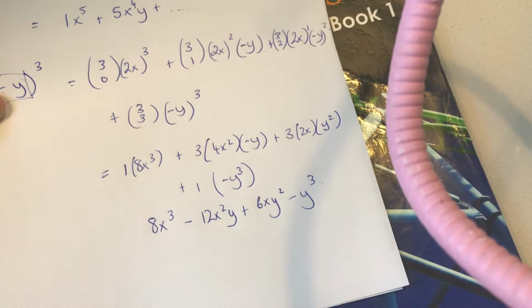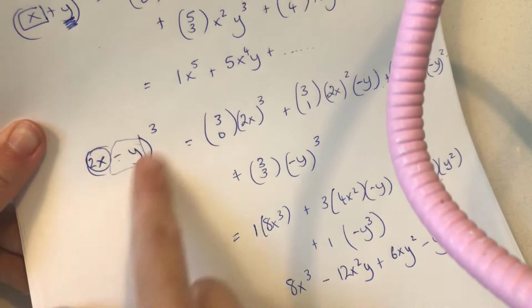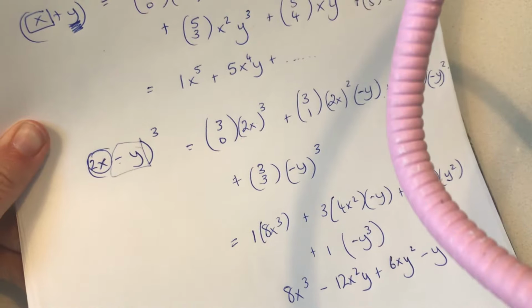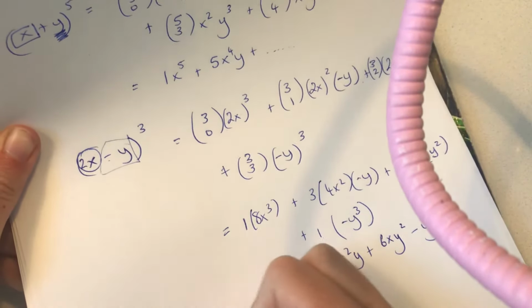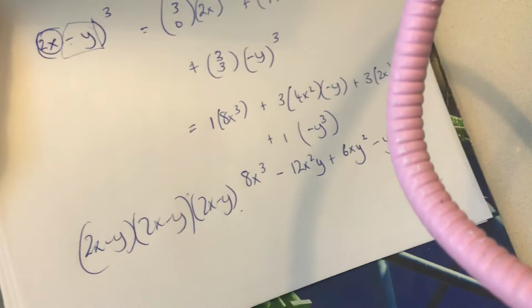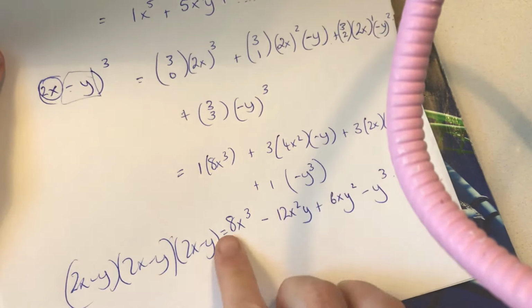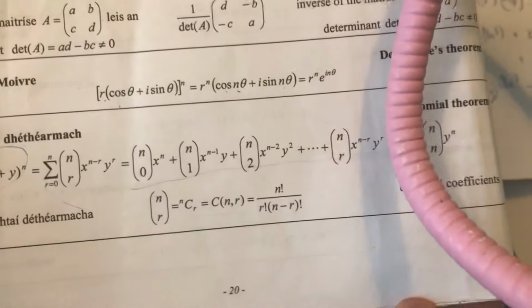If you want to check if I'm right or wrong, the other way of doing it is to multiply that out by itself 3 times: 2x minus y by 2x minus y by 2x minus y. Did you get the same as what I got using the binomial theorem, which is found in my log tables?